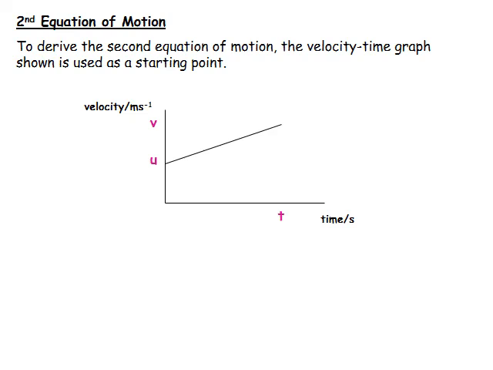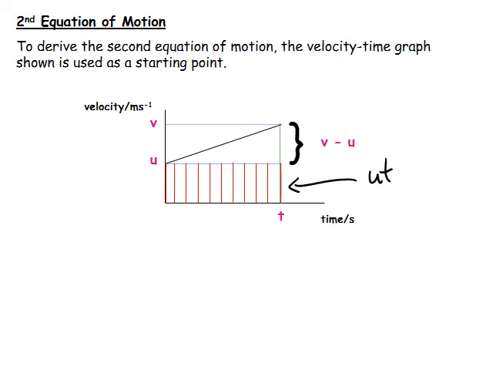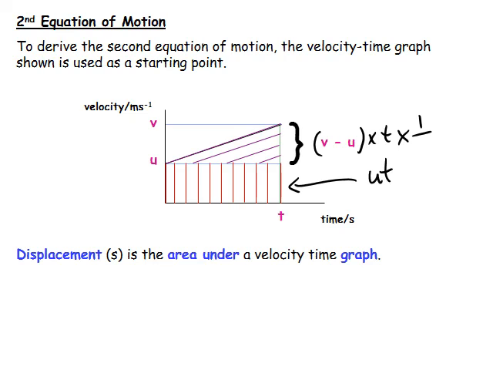So if you look at the graph above there, you've got the one area, which is u times t, this bit here, and you've got the other area, which is v minus u, the difference in the two numbers on the axis, times whatever the time is for that bit, times a half.